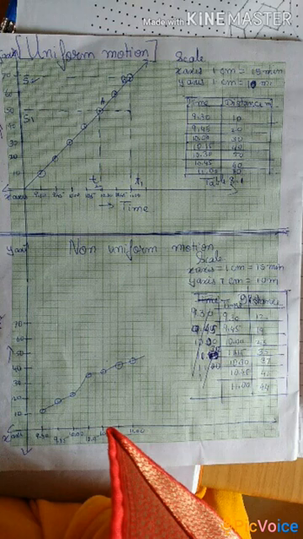The uniform motion is an example of an object A, where I have given the x-axis and y-axis. On the x-axis I have taken time and on the y-axis I have taken distance. The scale I have written over there: on the x-axis 1 centimeter is equal to 15 minutes and on the y-axis 1 centimeter is equal to 10 meters.